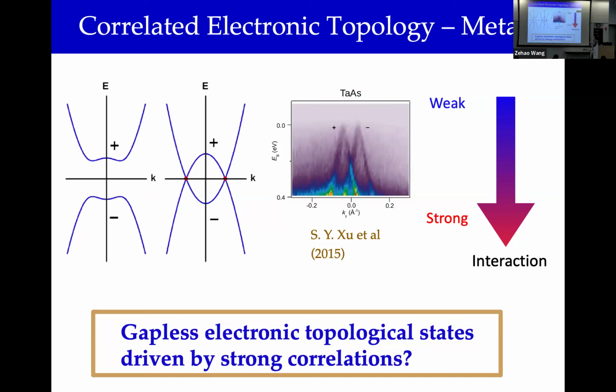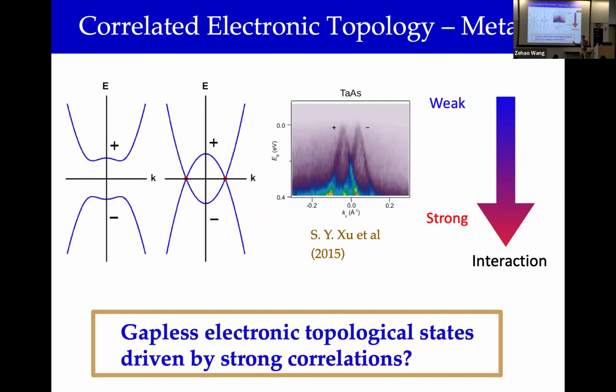So the question one can ask is whether there's a metallic analog to what happens going from the integer quantum Hall effect to the fractional quantum Hall effect. Can strong interactions drive gapless electronic topological states? That's the overarching question.